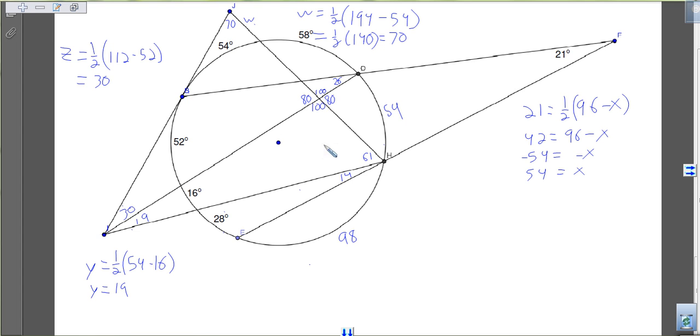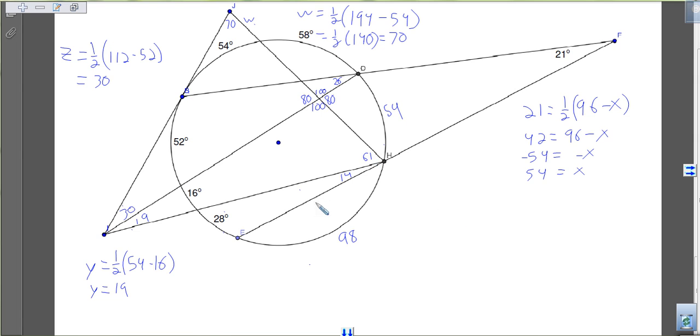Either of these methods is fine. Sometimes it's easier for us to work with the arcs because it's hard for us to sometimes decide what triangle it is that we're working with, especially in a situation like this where I have this larger triangle, but then I also have this angle in the smaller triangle.